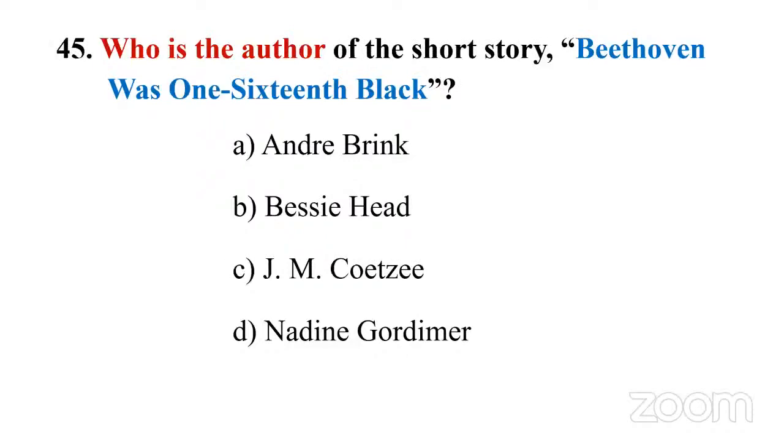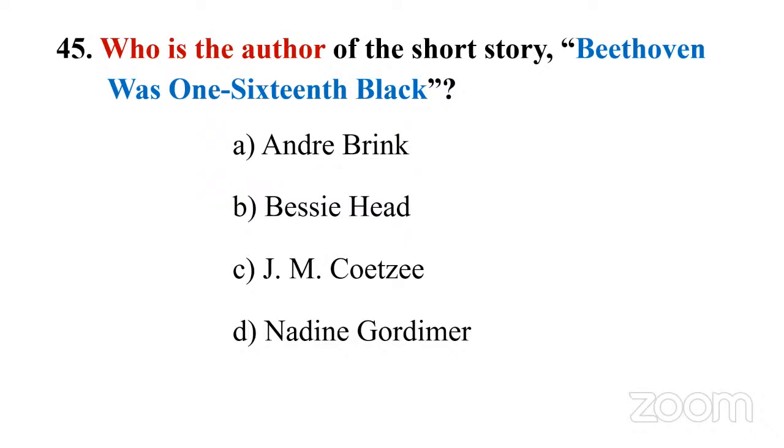We have come to the last question of today's class. Who is the author of the short story Beethoven Was 1/16th Black? As I told you before, look at the questions given. We get questions from French literature, American literature, contemporary British literature, Spanish, German literature, and this time from South African literature.